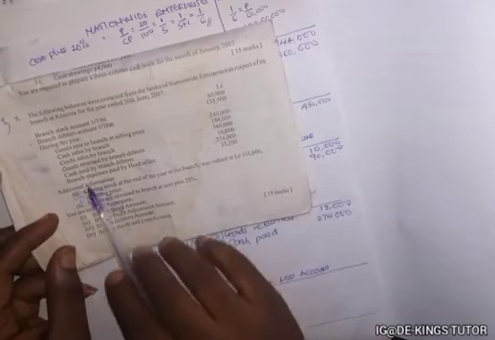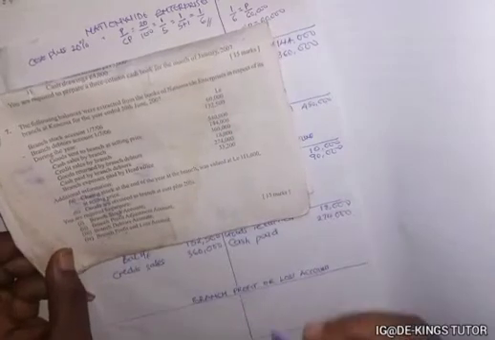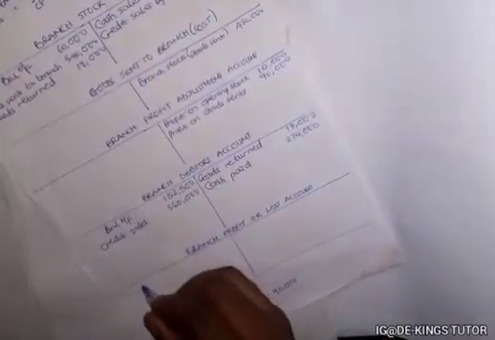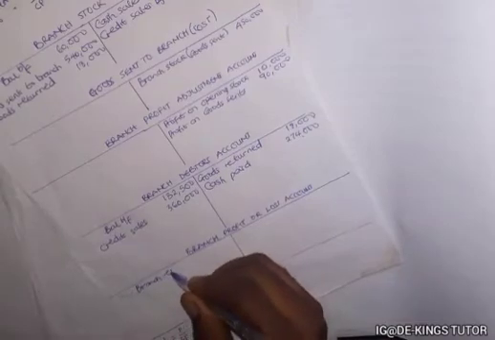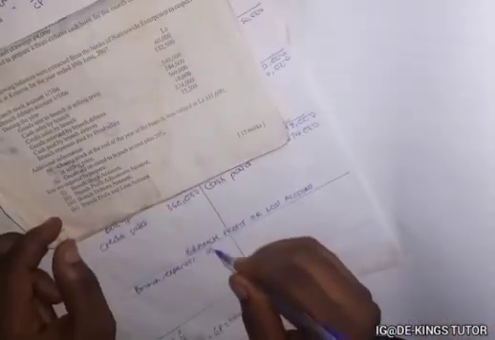Okay, so for the branch expenses paid by head office, you credit the cash book, but we are not preparing the cash book, so we debit the branch expenses account. So write here branch expenses. How much is it? 33,200.